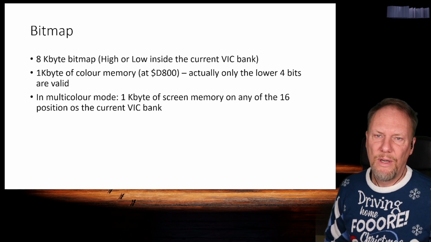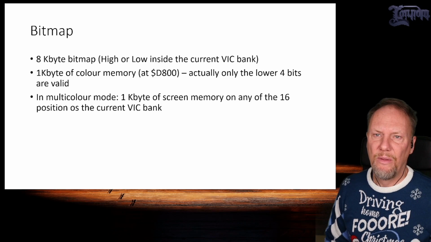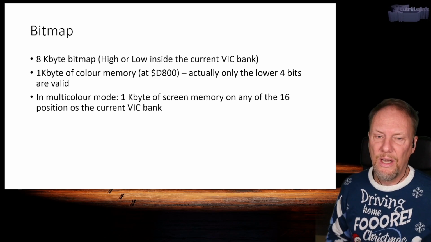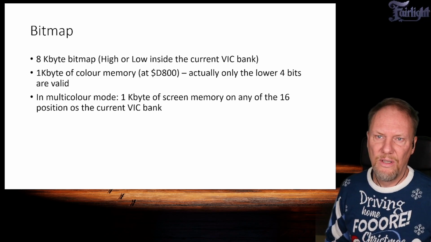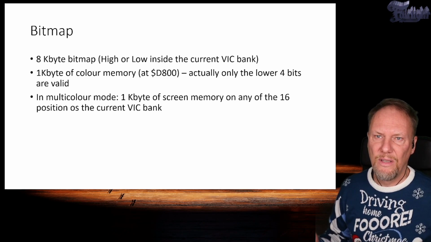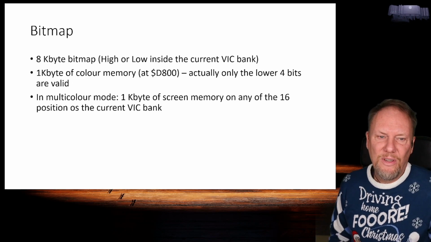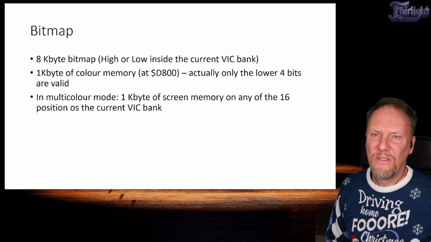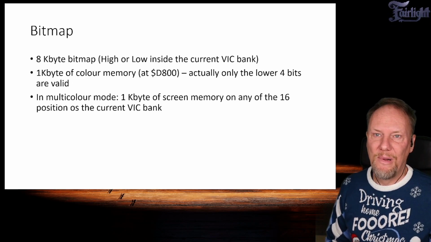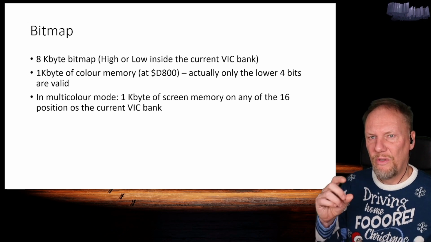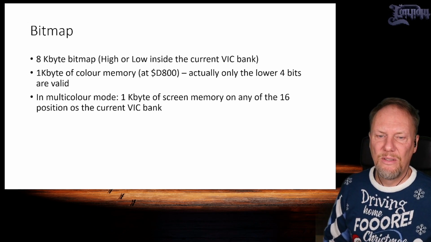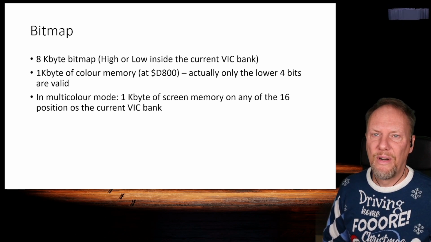And then you have 1 kilobyte of color memory, which sits at the fixed location D800. That's an area inside the IO space where you put the colors. It's not actually 1 kilobyte because it's 1 kilo nibbles, because only the lowest 4 bits of the bytes of D800 are actually used.